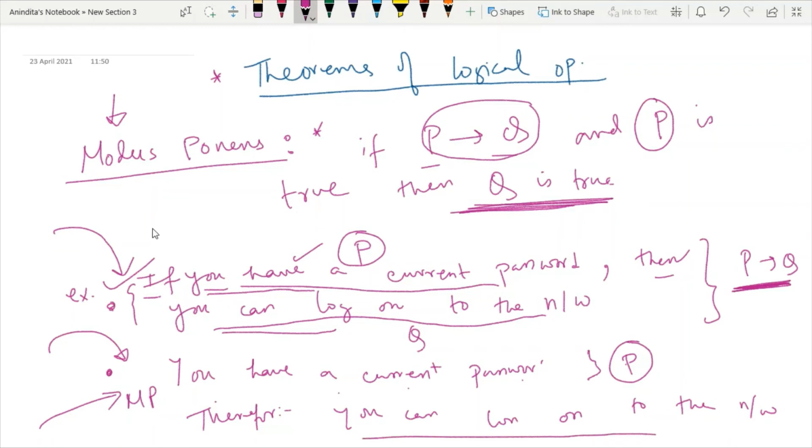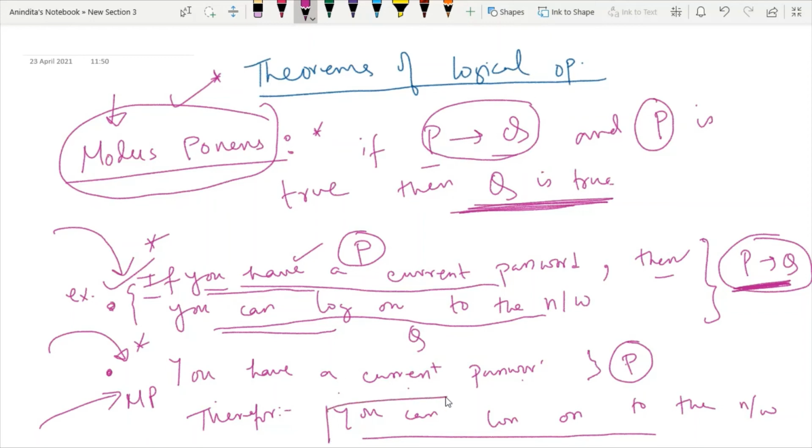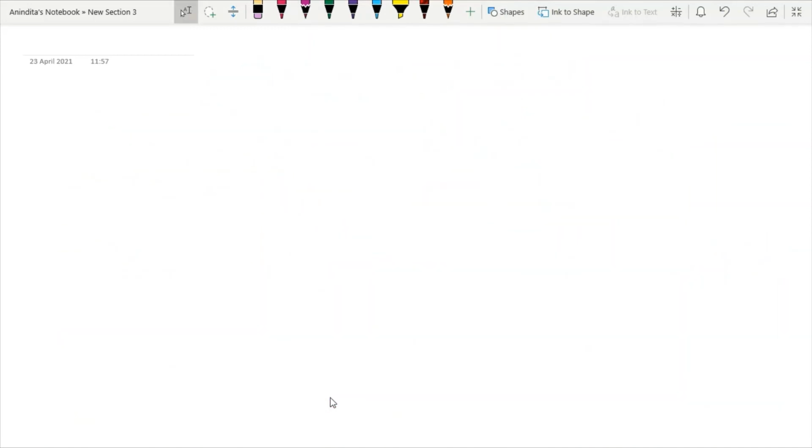Whenever you feed your AI machine with these two pieces of information from the real world, first the machine converts them into propositional logic, and afterwards it uses one theorem of logical operation, modus ponens, internally. As an outcome, your machine prompts that okay, you can log in to the network. So this is the intelligent outcome that we derive from the machine, which is processing external information. Now we will go to the second rule.